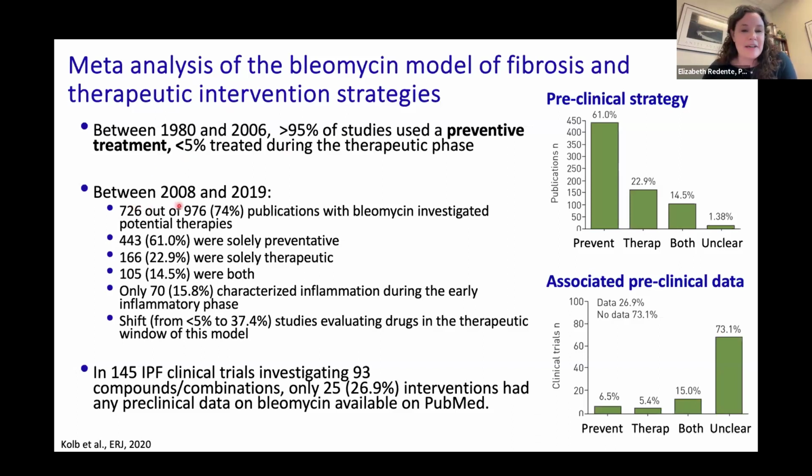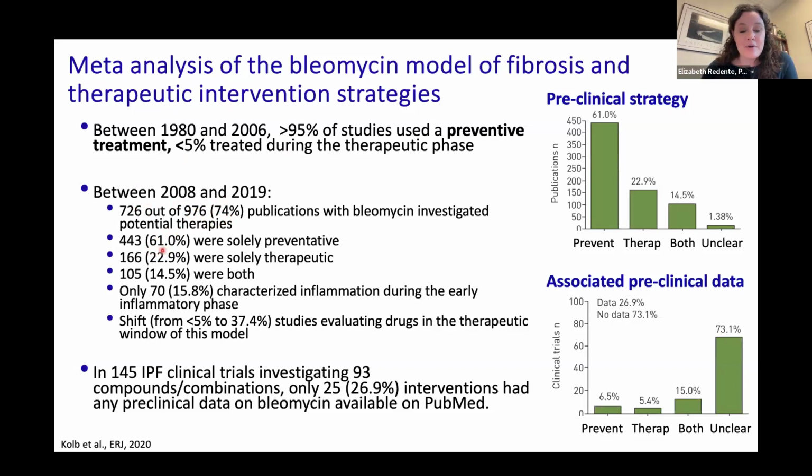So between 2008 and 2019, 74% of the publications with bleomycin investigated a potential therapeutic. So we can see this huge increase in the number of potential therapies that are being studied in this model. But now our numbers have started to shift.